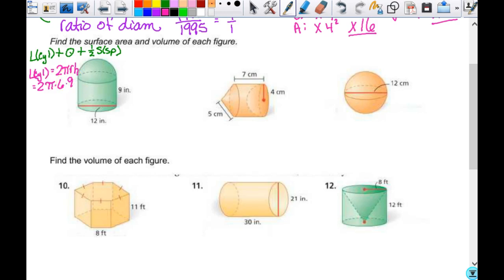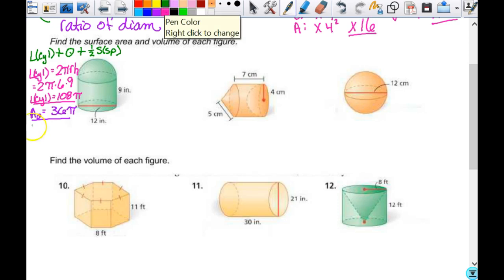Okay, so 6 times 9 is 54, times 2 is 108. So lateral area of the cylinder is 108 pi. There we go. So then I need to find the area of the circle, and that is pi r squared, so that is 36 pi. In the interest of space, I'm just going to put the answer there.